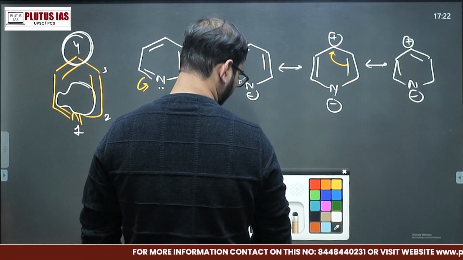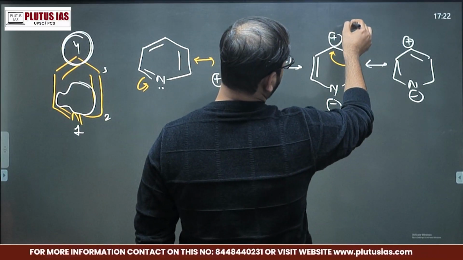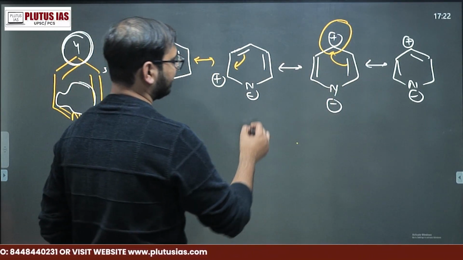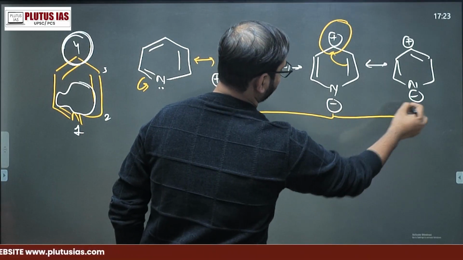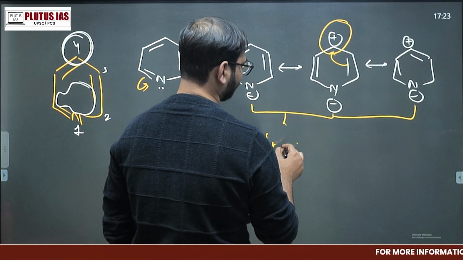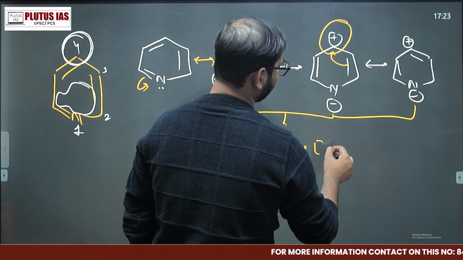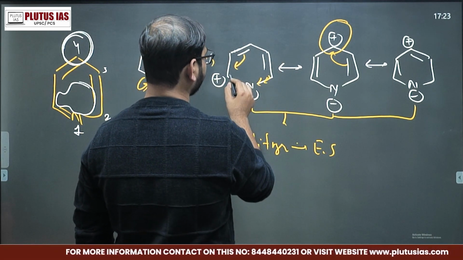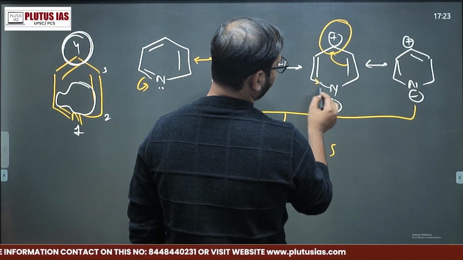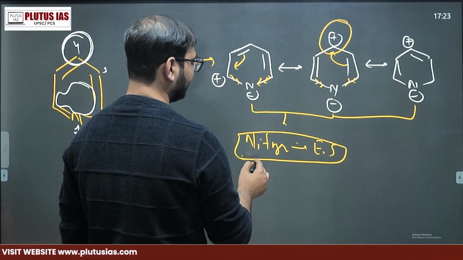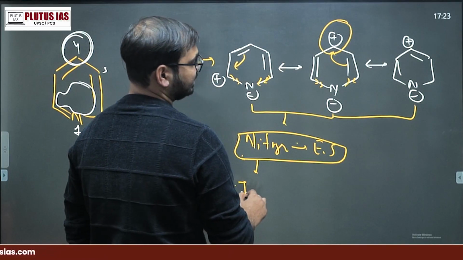Now, anyone looking at it will think that position number 4 is most ideal. But if you look closely, the negative charge is on nitrogen, and nitrogen is very electronegative. Since it is an electronegative atom, it will pull electron density from the closest position, but since it does not have any vacant d orbital, it can only apply the minus I effect.